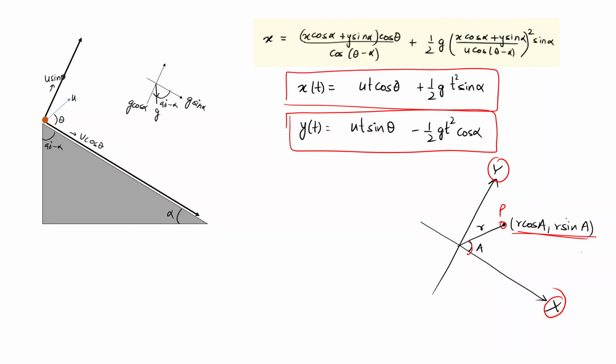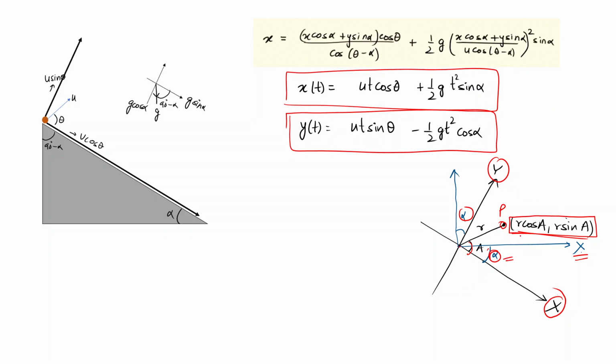So in terms of polar coordinates, you can write the coordinates as r cos alpha, r sin alpha. But if you rotate your axes, your new x-axis is this, and you rotate the pair of axes anti-clockwise by an angle alpha.